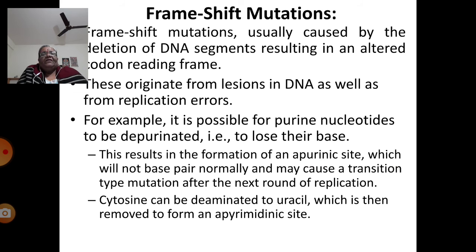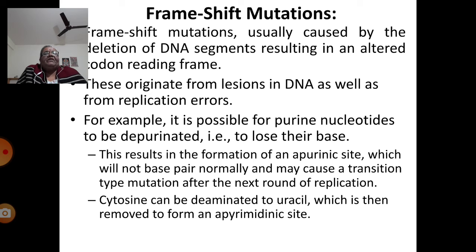Then, next type is a frame shift mutation. This is usually caused by deletion of DNA segments, resulting in an altered codon reading frame. They originate from lesions in DNA as well as from replication errors.